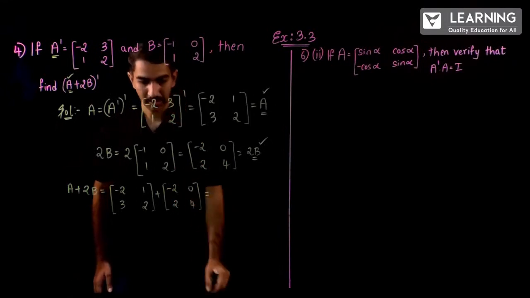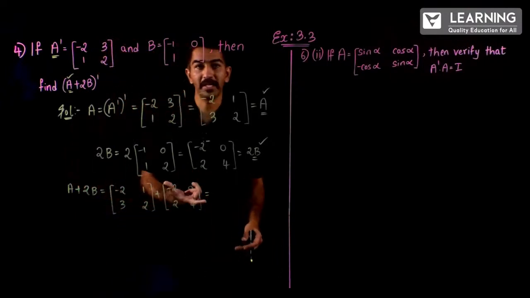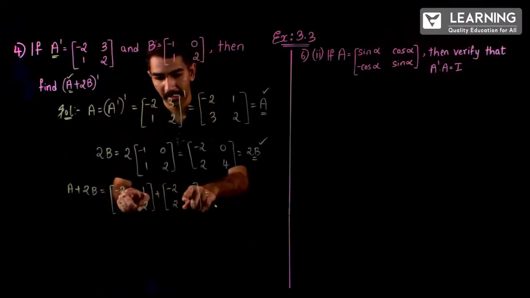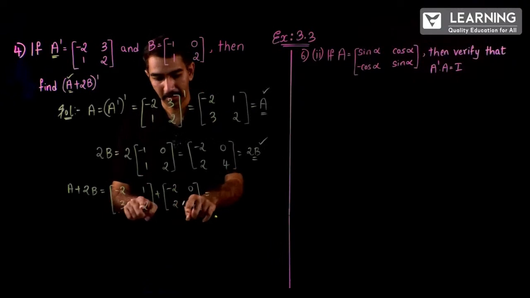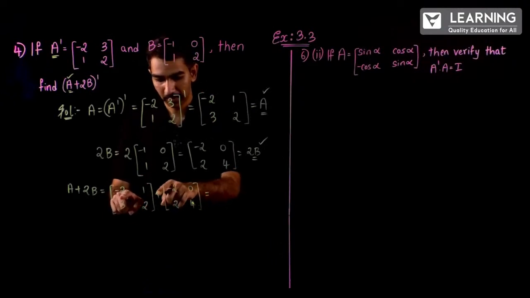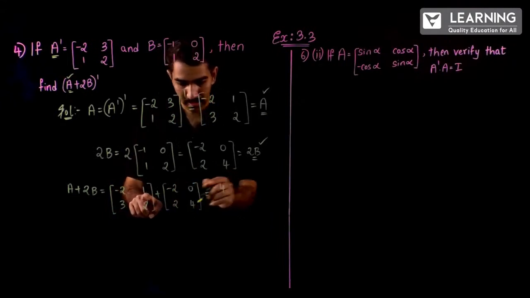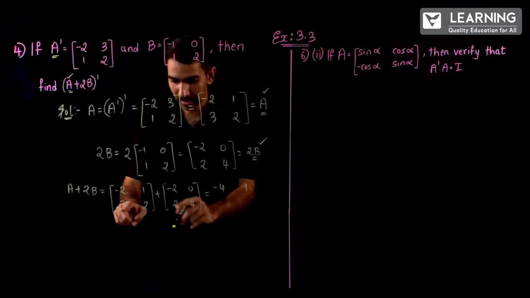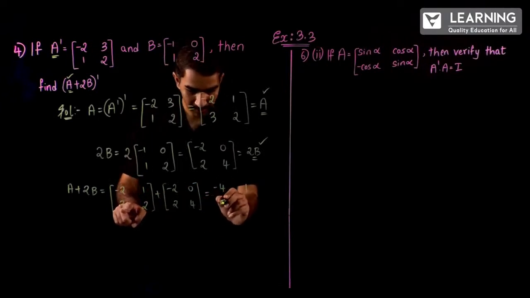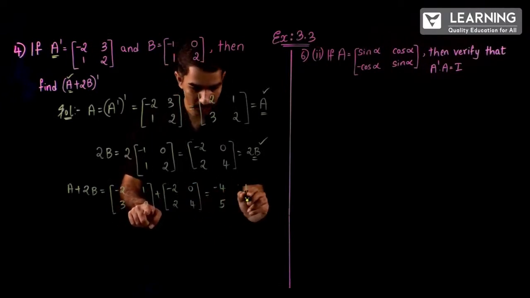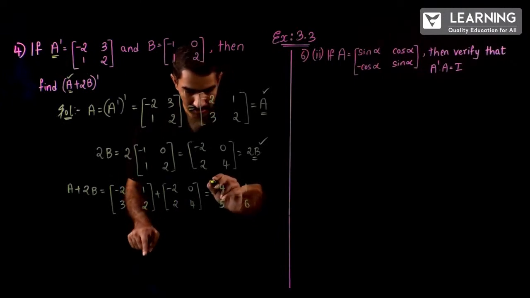Add them both. How do we operate matrix addition? Corresponding elements must be added up. Minus 2 plus minus 2 is minus 4, 1 plus 0 is 1, 3 plus 2 is 5 and 2 plus 4 is 6.